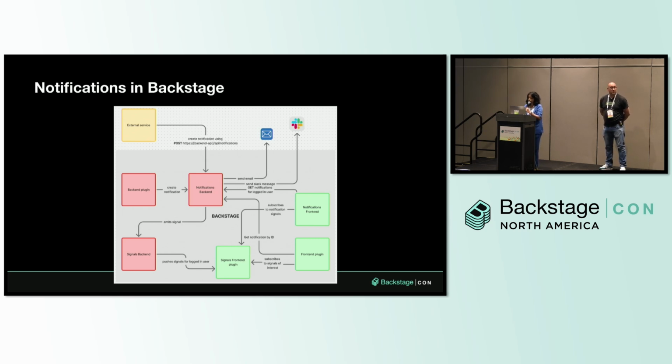And there's also a notifications frontend that exists in Backstage today, through which you can see a list of notifications. So this is the broader architecture. It's not just that you can see these notifications on the notifications frontend, but you could also create custom processors to send them to other third-party applications.